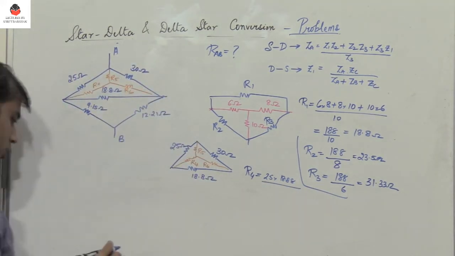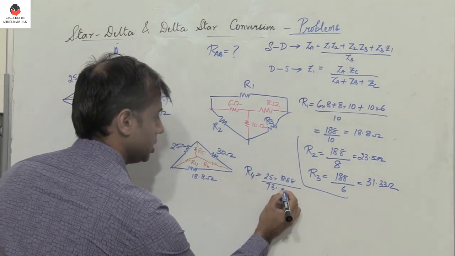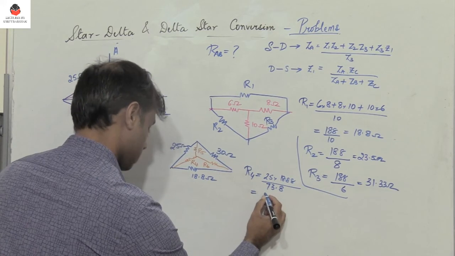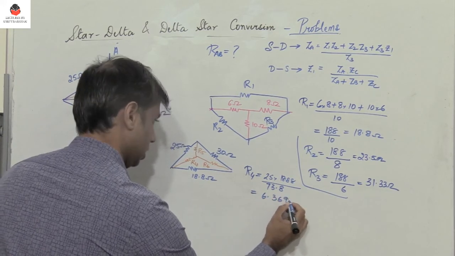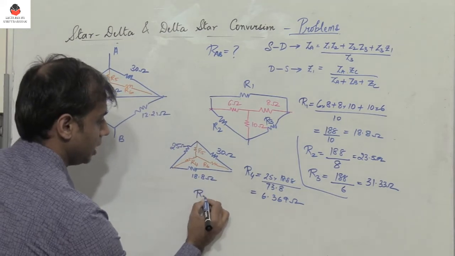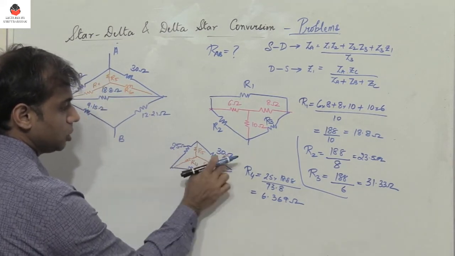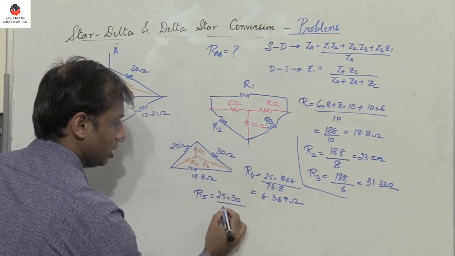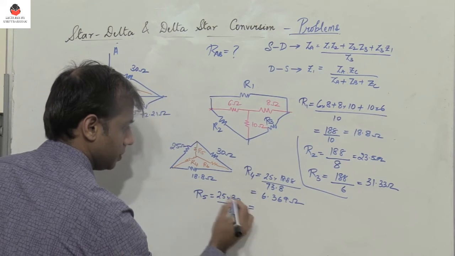Now the sum of all the three resistors is 73.8. So the value of R4, what we get is 6.369 ohm. Now similarly R5 is product of the two resistors on either sides, 25 into 30 divided by 73.8, right?